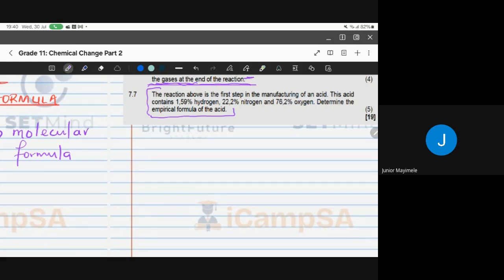Now, the first thing you do, you list them. You are told that you have hydrogen, you have nitrogen, and you have oxygen. After listing these, you give the percentage that they gave you. It must be organized.